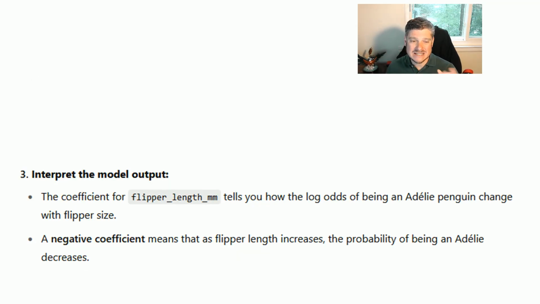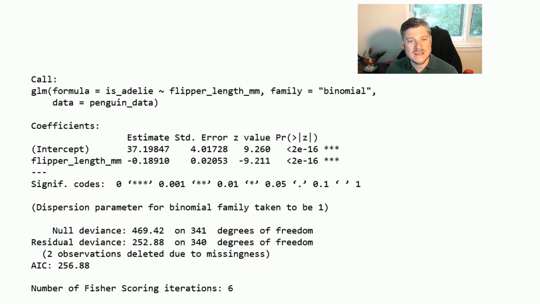Luckily, it did say step 3, we're interpreting this model. The coefficient for flipper length tells you the log odds of being an Adelie penguin and how they change with flipper size. A negative coefficient means that as the flipper length increases, the probability decreases. And so if we look, here's flipper length in that table part of the coefficients. We have a negative.